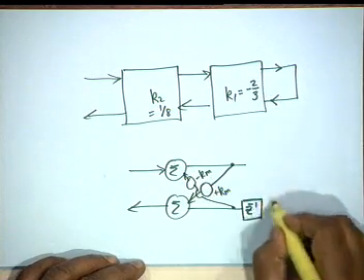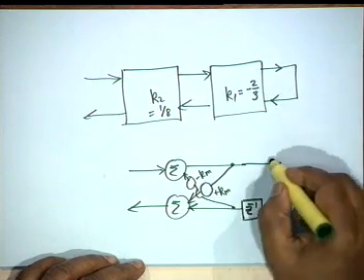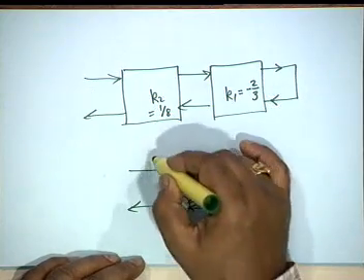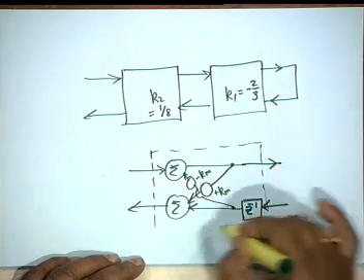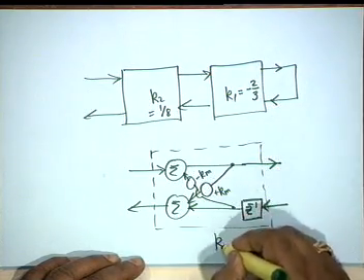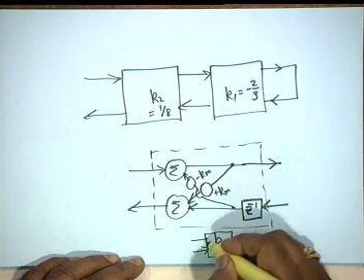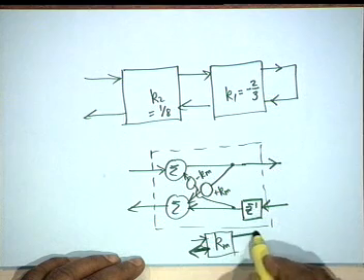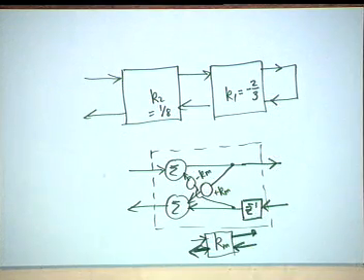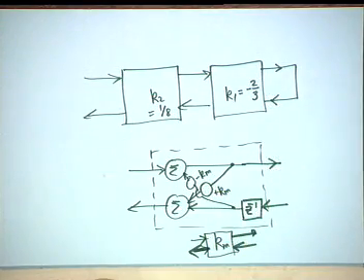This is a part of this block coming like this, and that is it. This is what stands for the box marked K sub m. This arrow goes out, this arrow goes out, this arrow comes in. We have compressed this into this form such that we do not have to draw this again and again.